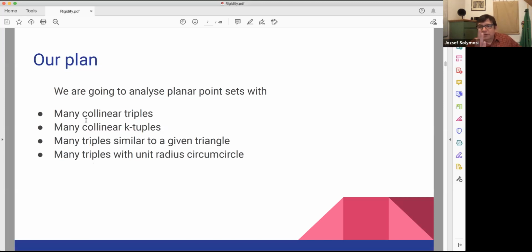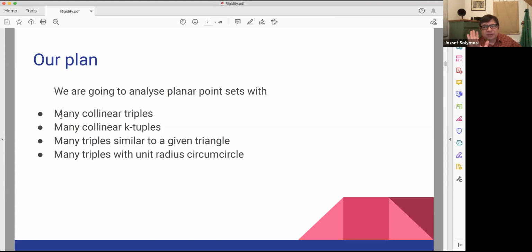So, point sets, and we will stay most of the time on the plane, just the real plane. Maybe we will switch to the complex plane from time to time, but just for fun, because that's a very useful tool for certain geometric problems. So you have a point set, n points, finitely many points on the plane, and you observe that there are many lines which have at least 3 points on them.